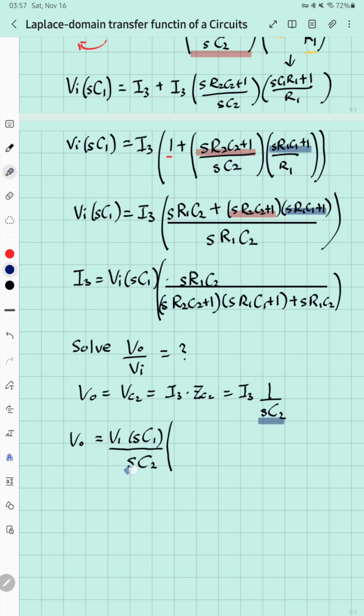So this SC2 is this SC2, and this SC1 is coming from this SC1.